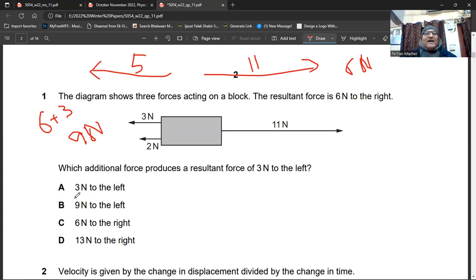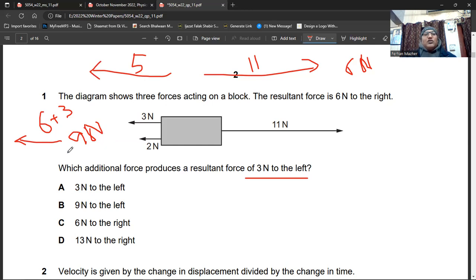To balance 11, you need 6. Then the forces will be balanced. But you want a resultant force of 3 Newton to the left, so 3 Newton extra onto the left. So I think that I should apply a 9 Newton force to the left. Then the resultant will become 3 Newton to the left.